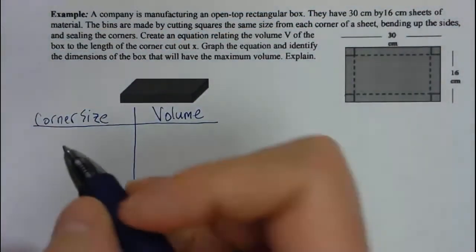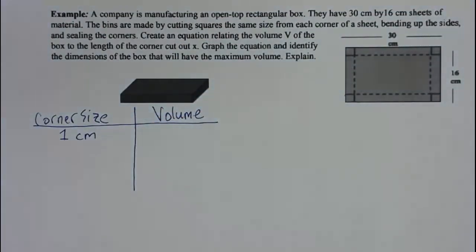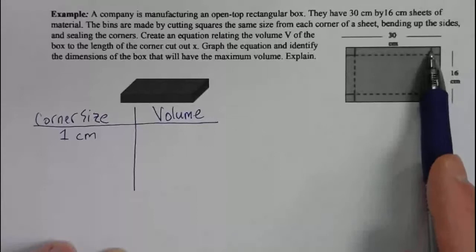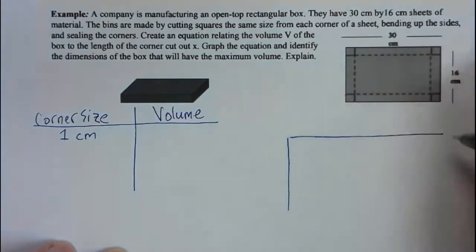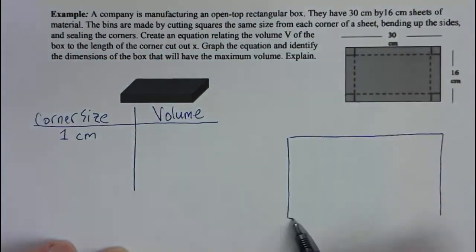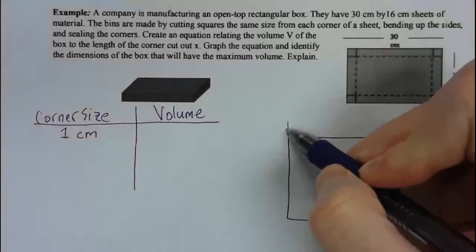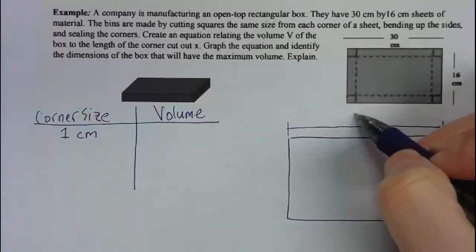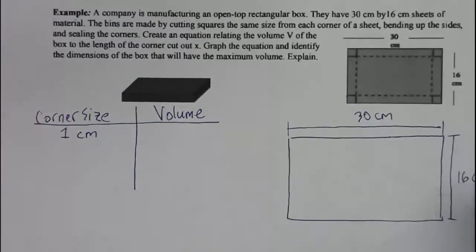Let's say, to start with, we have a 1 centimeter corner size. That means that in this picture, these corners are 1 centimeter by 1 centimeter. Maybe we'll draw it a little bit bigger here. If I have my one piece here, we know that this top part is 30 centimeters and this side is 16 centimeters.